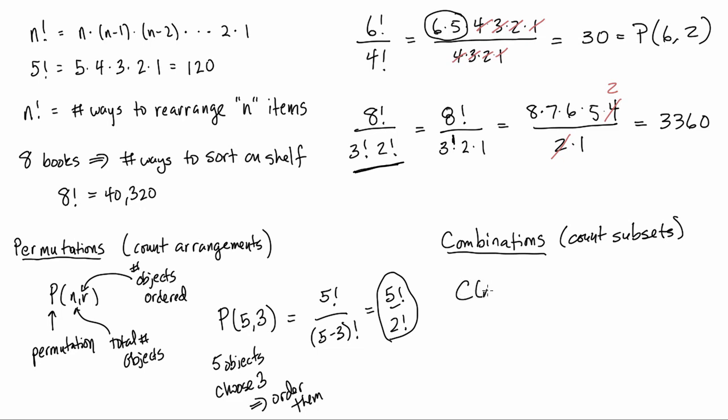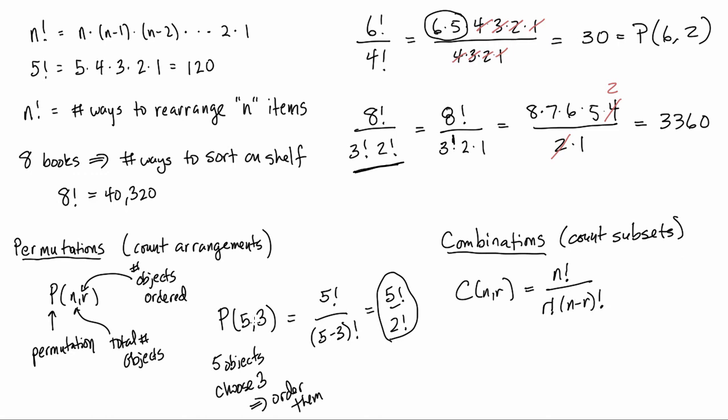The notation is similar. We use C and R, where the C stands for combination. The N and the R in this formula are exactly the same as the N and the R in the permutation formula. And the formula itself is N factorial over R factorial N minus R factorial.